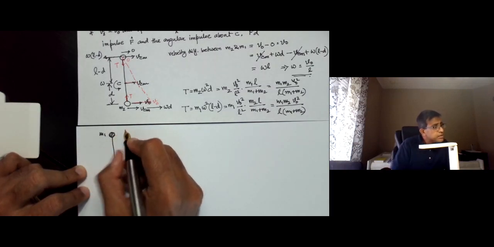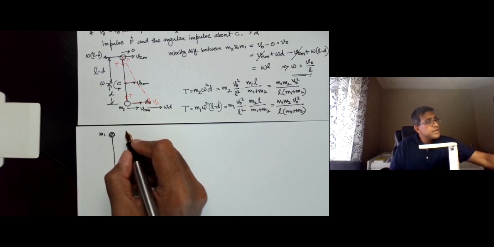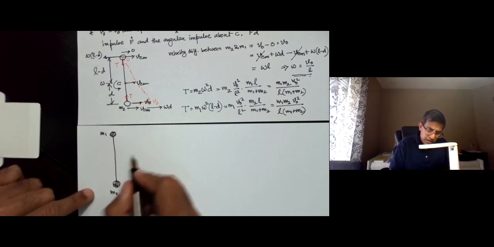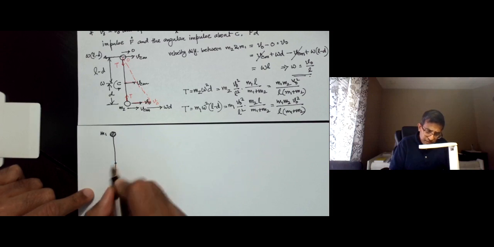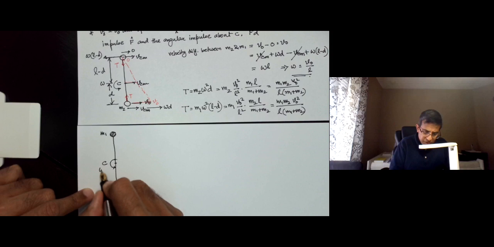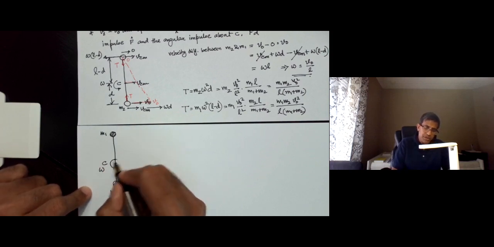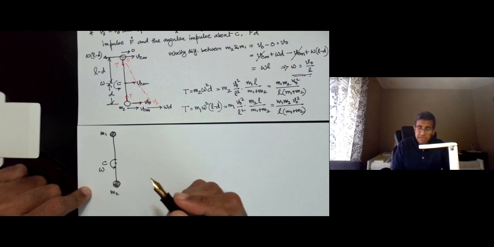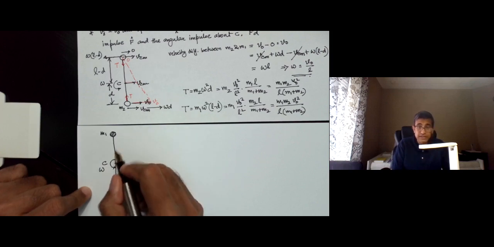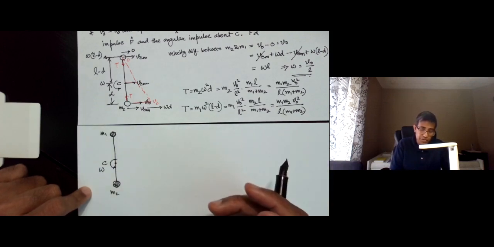The center of mass is C, and there is a rotation of this rigid body. Now let's say that we are not sure if we should consider the CM as the center of rotation, or if there is some other center of rotation that we should be considering.